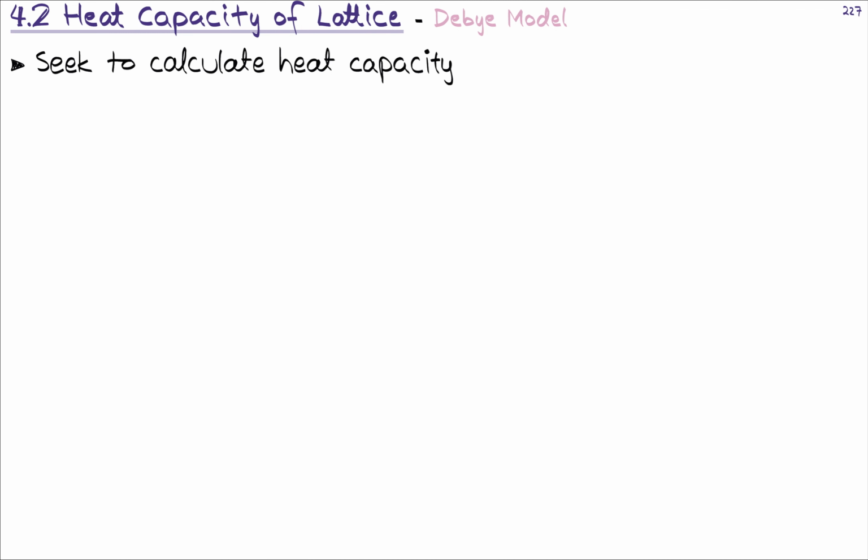So what we want to do, as always, when we want to calculate the heat capacity of a material or system: heat capacity is defined via a derivative. We need to calculate the mean energy, and then see the change with respect to temperature.